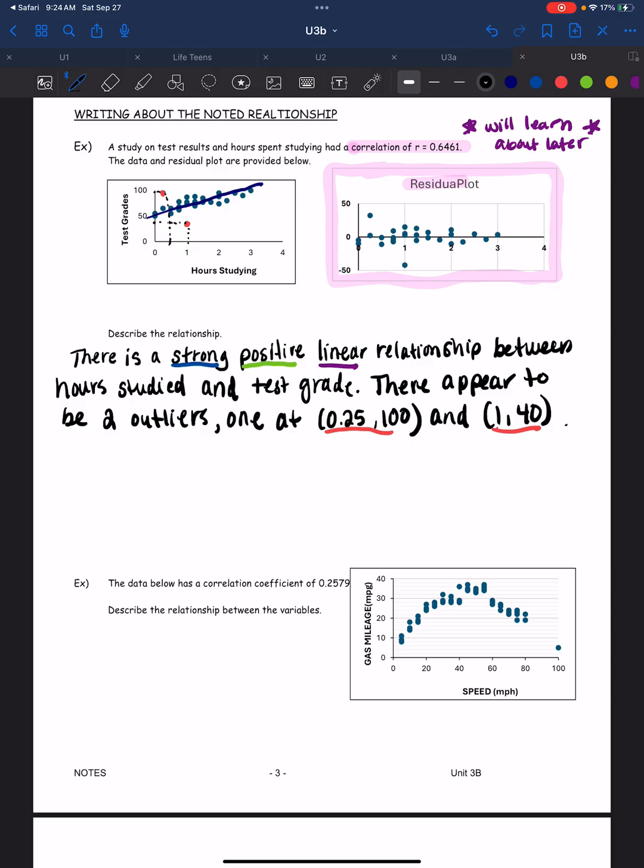And then at the very end, we need to bring context back into this of talking about the relationship that we've seen.